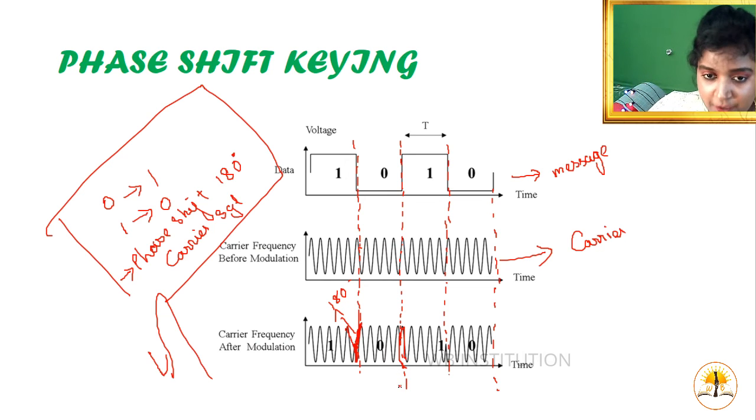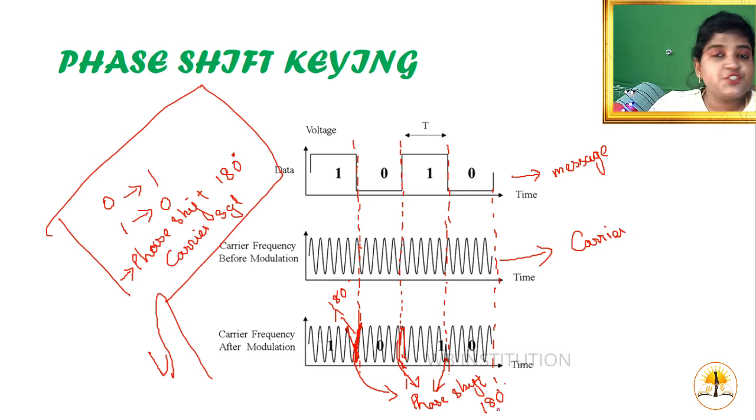Again, when the transmission is from 1 to 0, the signal gives a 180 degree shift. So these are the phase shift areas. Clear? This is totally about phase shift keying.